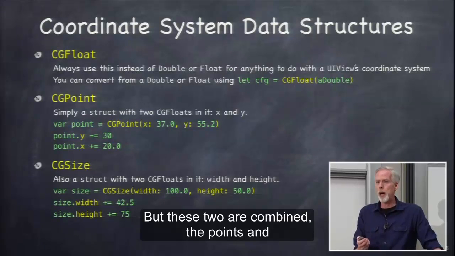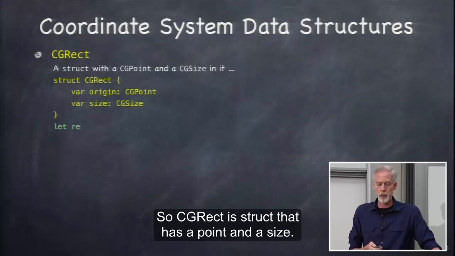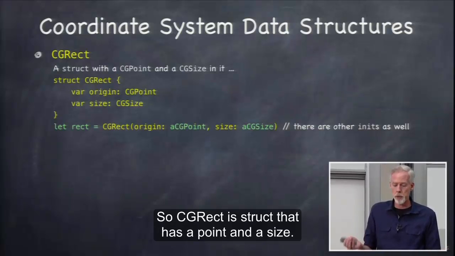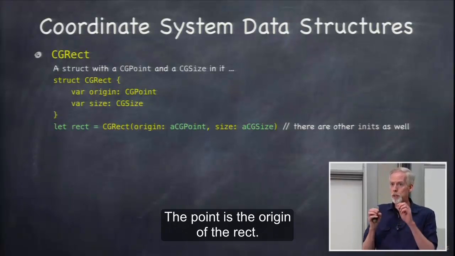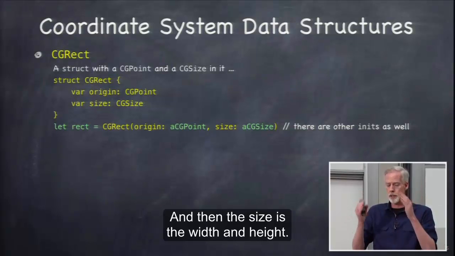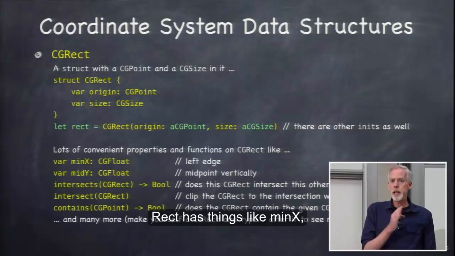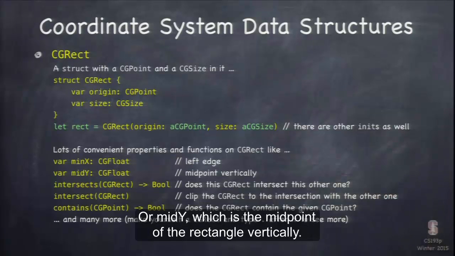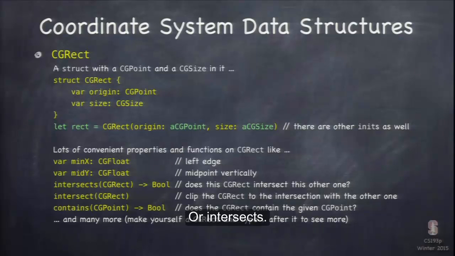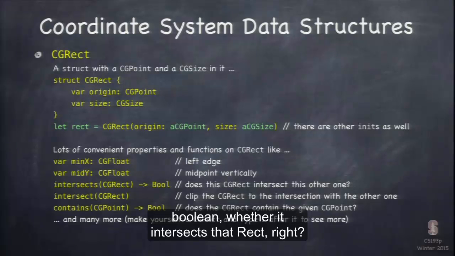But these two are combined, the point and the size, into CGRect. So a CGRect is a struct that has a point and a size. The point is the origin of the rect, upper left, which I'm going to talk about in a second. And then the size is the width and height. Now, rect has a lot of methods on it. Okay, rect has things like minX, which is the left edge of the rect, or midY, which is the midpoint of the rectangle vertically, or intersects. You pass it another rect, and it'll tell you, as a Boolean, whether it intersects that rect, right?